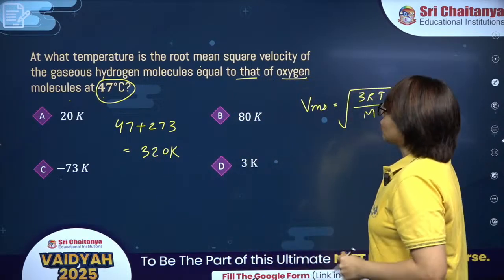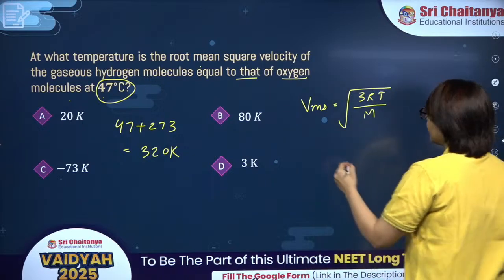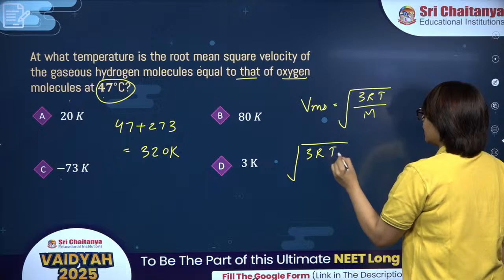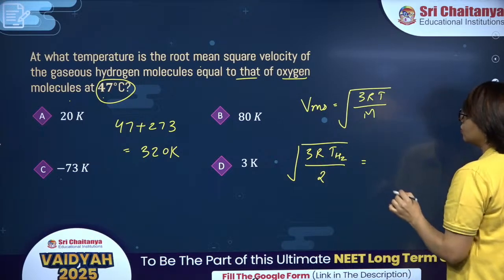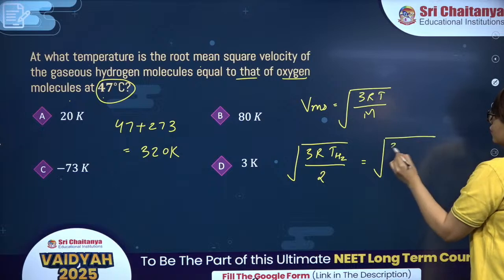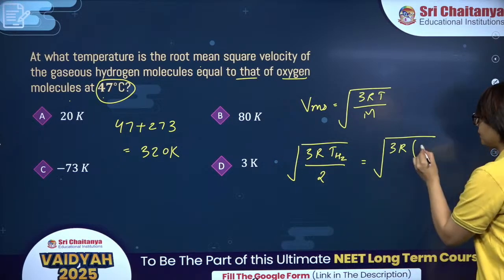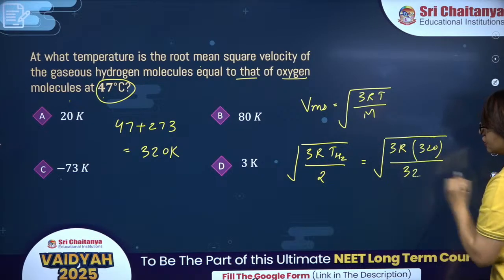Now the RMS speed of hydrogen and oxygen molecule should be the same. So Vrms of hydrogen is under root of 3R times temperature for hydrogen divided by M for hydrogen, which is 2, equal to 3R times temperature for oxygen, which is given as 320, divided by M for oxygen, which is 32.